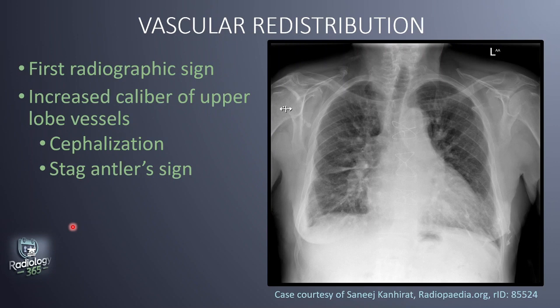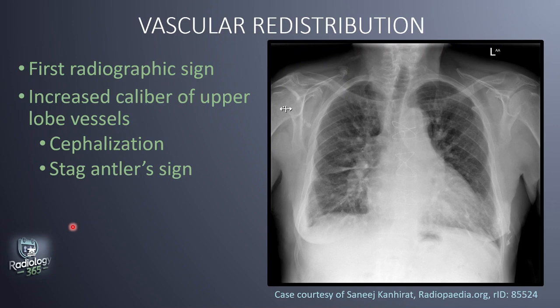Ideally, the upper lobe vessels appear smaller in caliber than the lower lobe vessels because of the action of gravity. But in what we would call cephalization, the upper lobe vessels would appear larger or even equal to because of the upper lobe diversion of blood with increasing pulmonary vascular pressure.